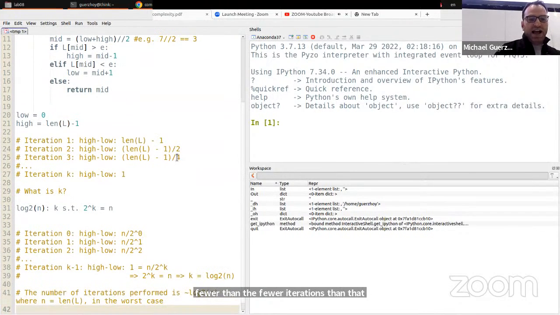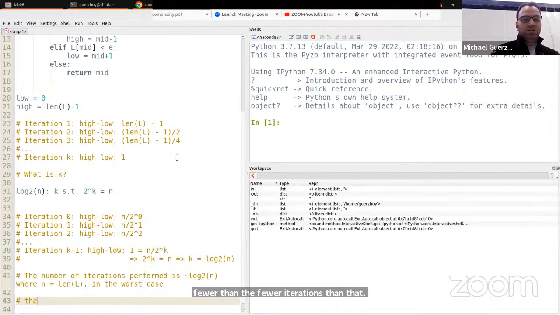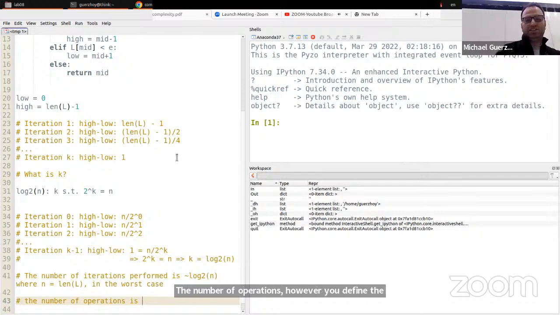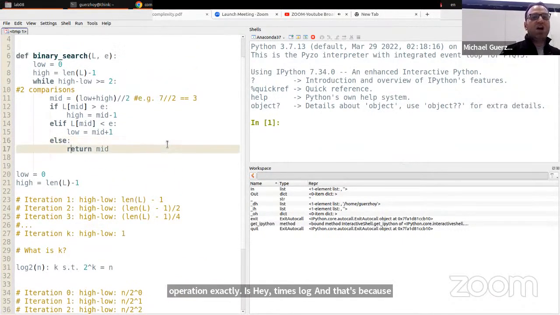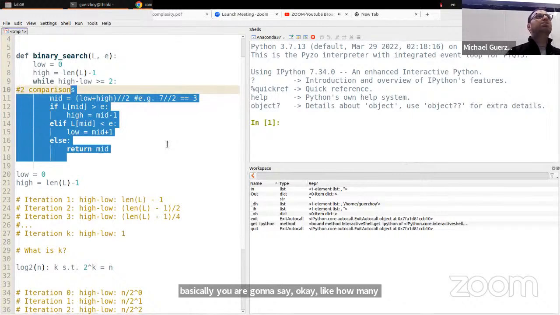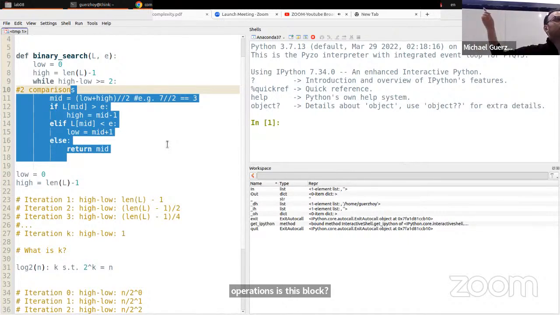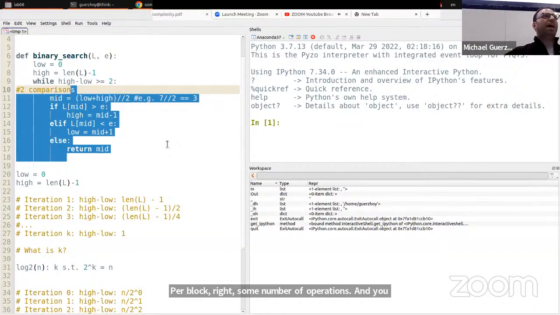And the number of operations, however you define operation exactly, is A times log 2 n. Basically you ask, how many operations is this block? Whatever it is, it's A, as long as it's a constant number of operations per block. And you have log 2 n iterations. So the number of operations is A times log n, which is proportional to log 2 n.